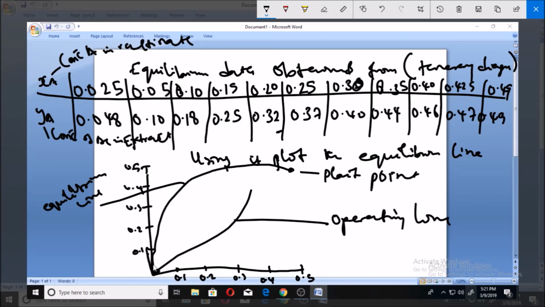Now we can draw the number of stages. So we can easily find out that the number of stages is 1, 2, 3 point something. So this gives the number of stages to be equal to 3.4 stages, and that is the answer to the problem.